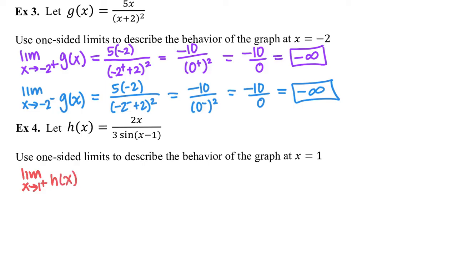Okay, let's start from the right side. Okay, now if I want to do sine of 0, I know it's going to be 0, but is it 0 from the positive side or 0 from the negative side?